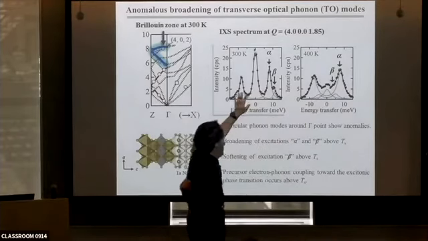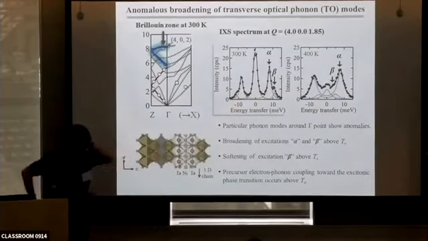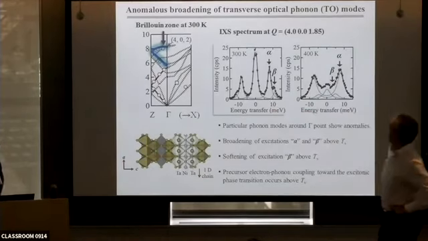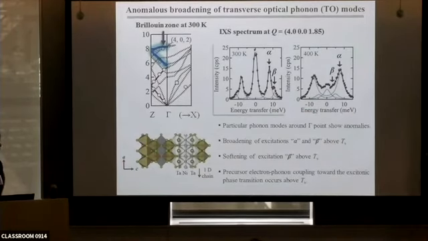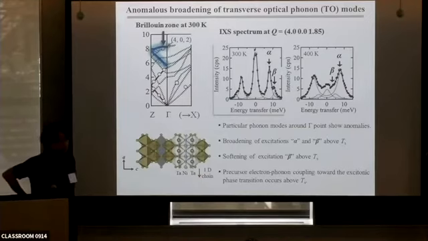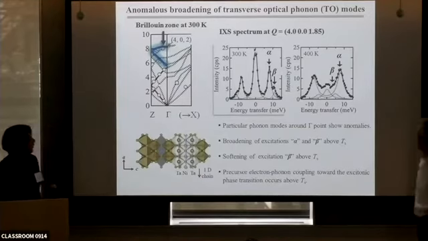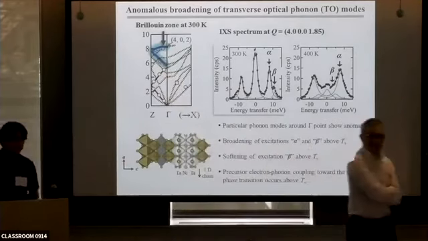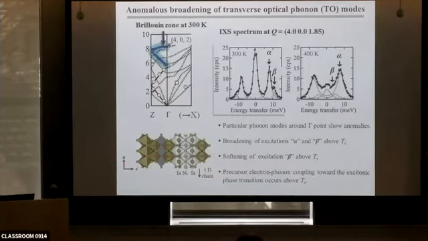The left is monoclinic, below the transition, and the right is at that particular Q. But those calculations are in the orthorhombic phase. Do you have the same data at the gamma point? No, it's impossible with inelastic X-ray, because of the resolution.